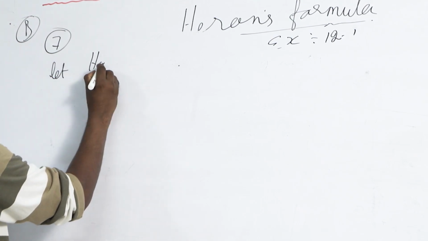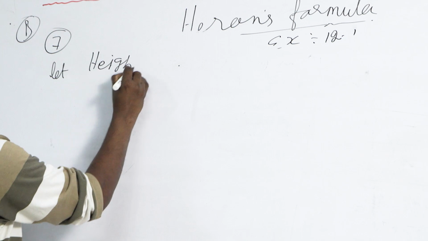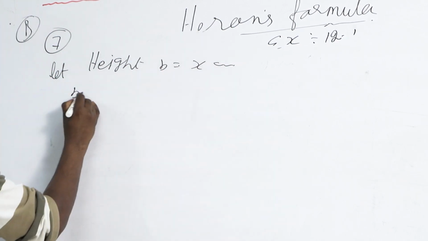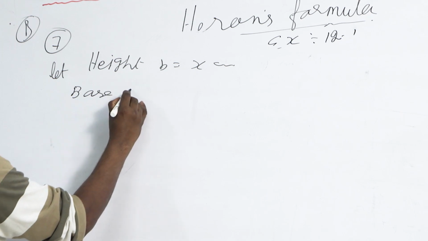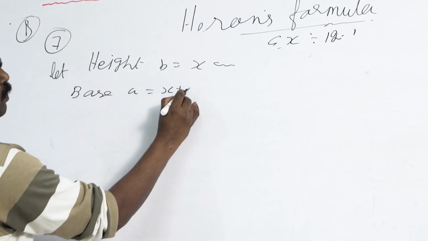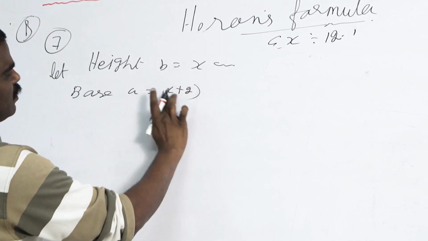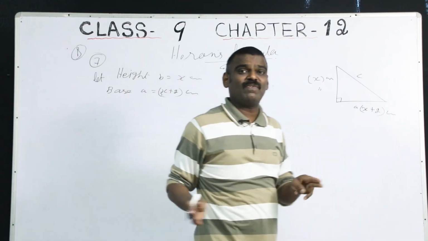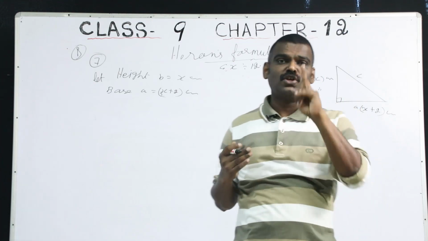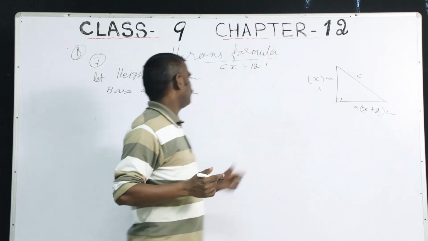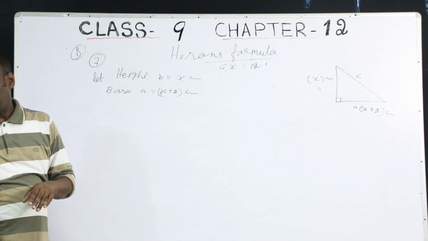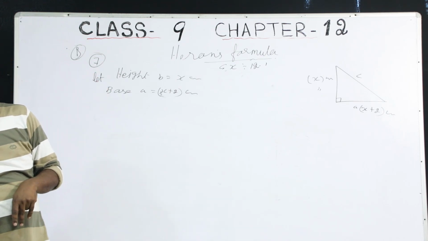Let height B equal to x centimeter, base A equal to how much? x plus 2 centimeter. You know why x plus 2? The question is, the given difference is how much? 2, that is why we are taking 2. Okay. C we do not know, forget about C right now. Also given, what is given? Area of the triangle is given.